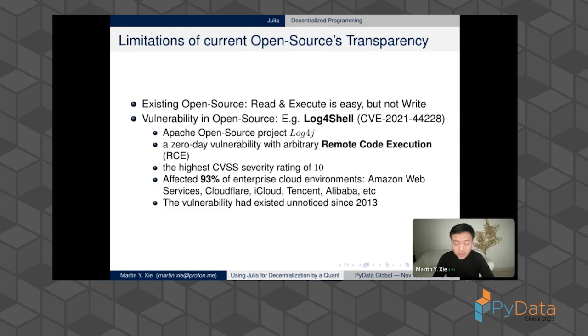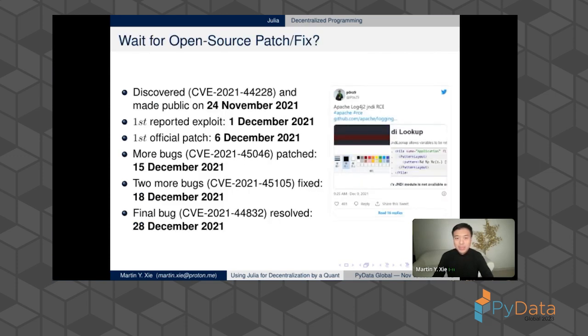And this is not a new bug. It actually existed 10 years ago. This kind of bug exists, but the most serious thing is this. On the right, you can see a Twitter message.